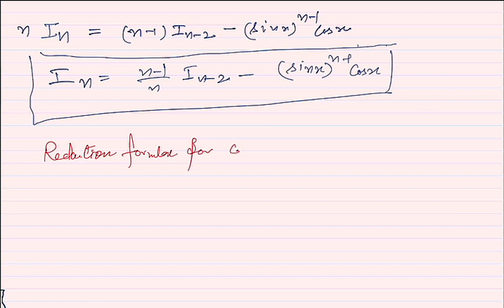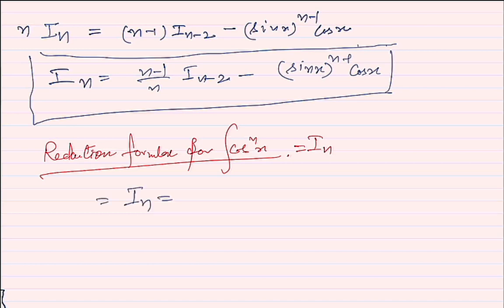For cos nx, integral cos nx, which is equal to, if I am writing it as in, so it becomes in, which is integral of cos nx dx. So it will be a similar one, no doubt. It is n minus 1 upon n in minus 2.